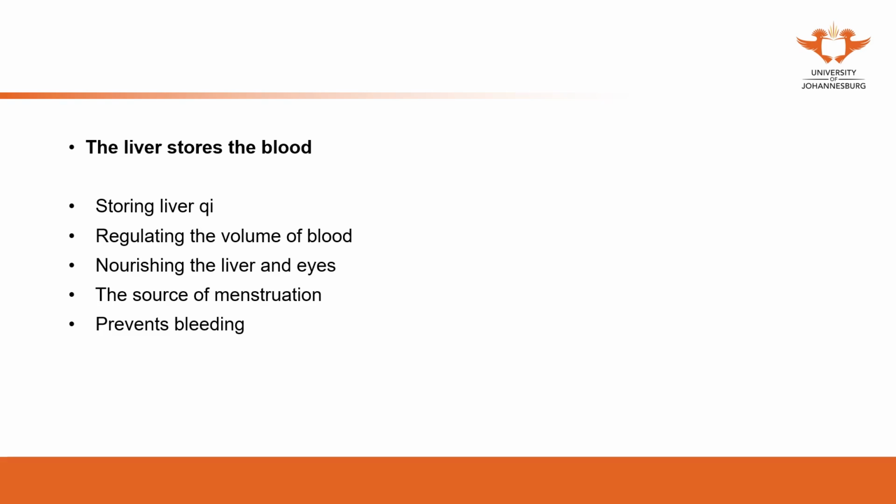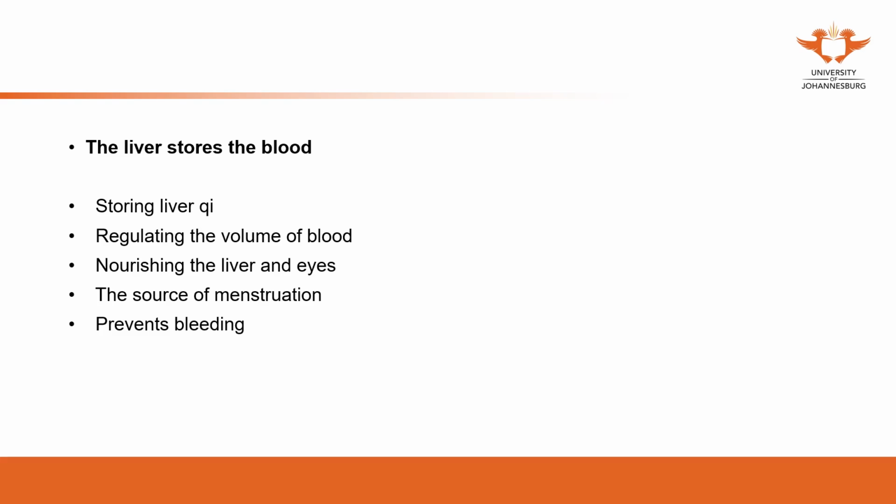The dysfunction of storing blood will cause all kinds of bleeding, such as coughing blood, vomiting blood, and excess bleeding in the menstruation. However, because the bleeding, especially in the menstruation, is considered to be in the lower part of the body, it also can be the result of the spleen deficiency.